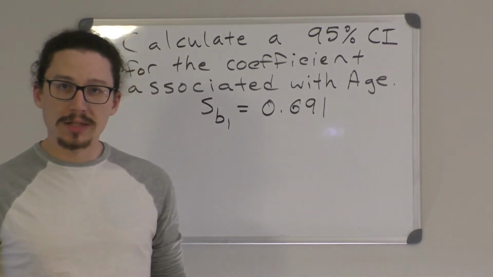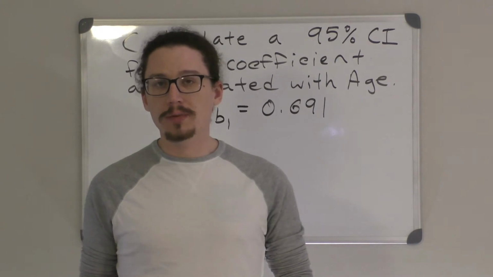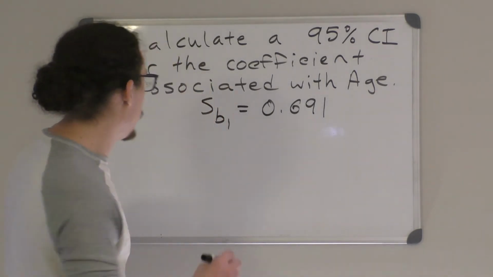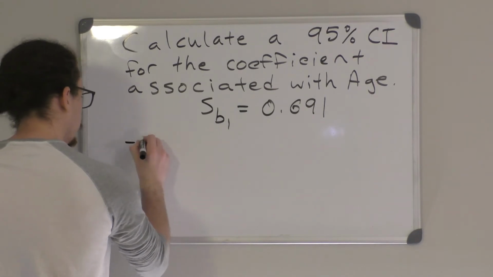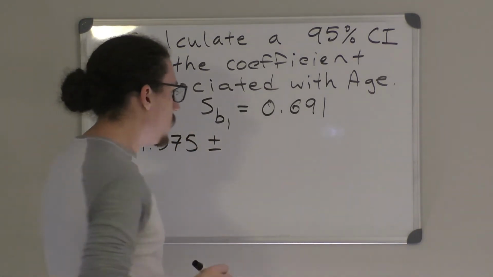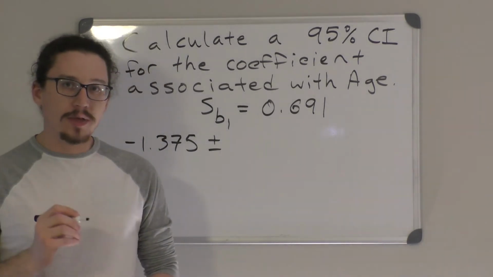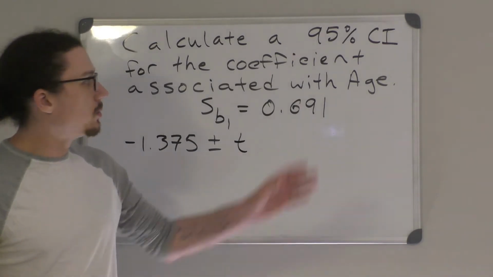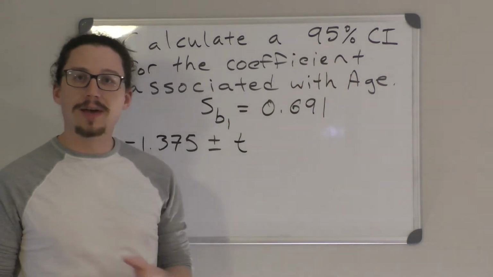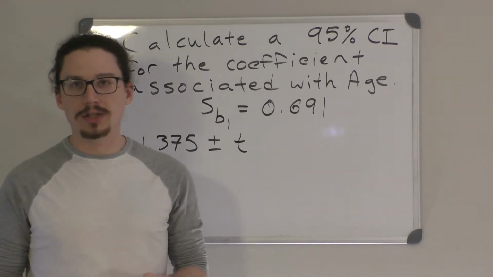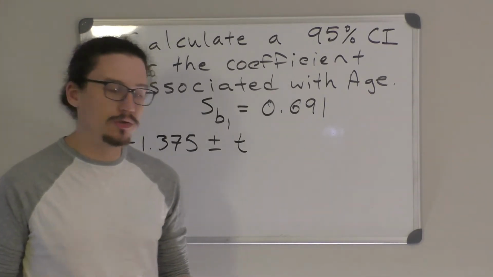We're going to start with our estimate, our B1, which in this case was equal to negative 1.375. We're going to add and subtract from that the critical value. We're doing it at the 95% confidence level, so our alpha is 0.05, and alpha divided by 2 is 0.025.